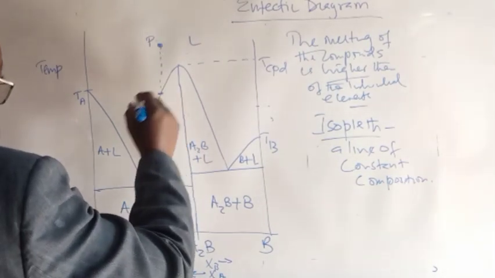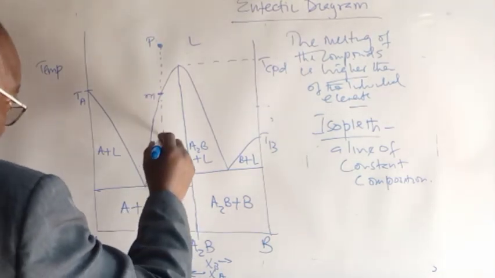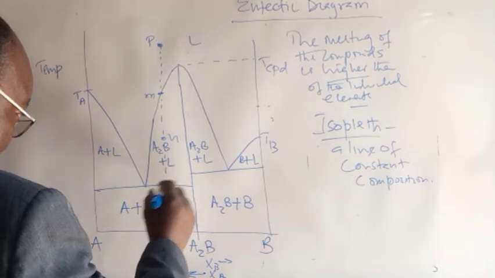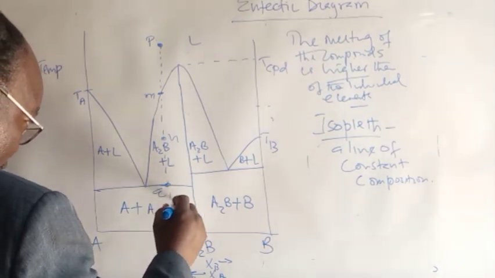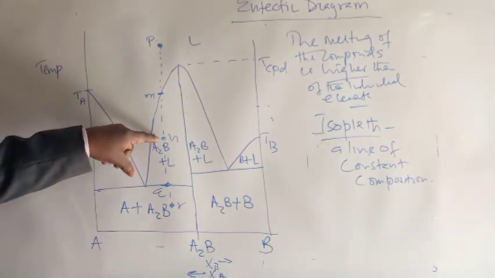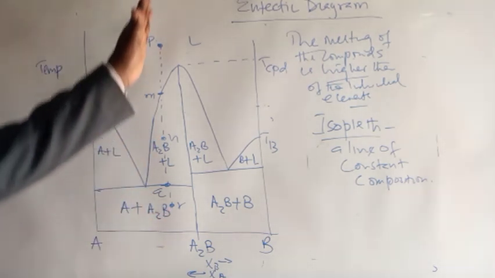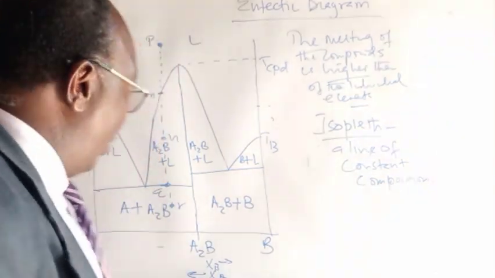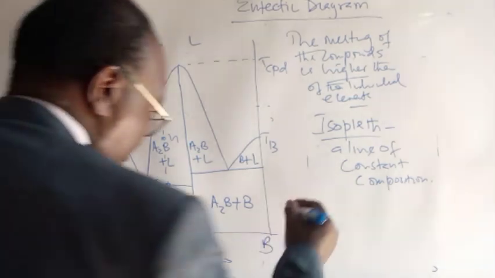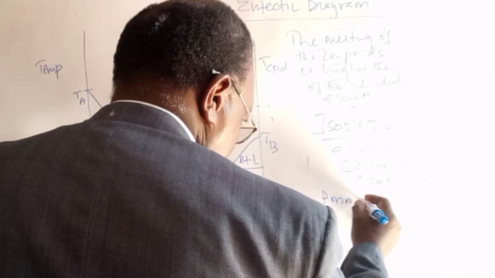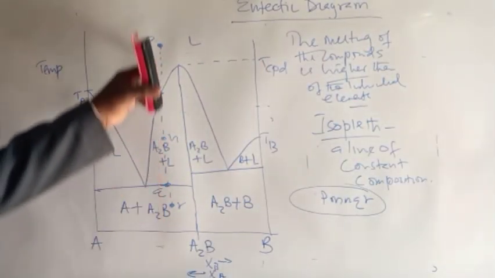It will go through M, then N, then Q, then R. So we are taking the isopleth P, M, N, Q, R. This is a line of constant composition. Let us look at the behavior along this isopleth.